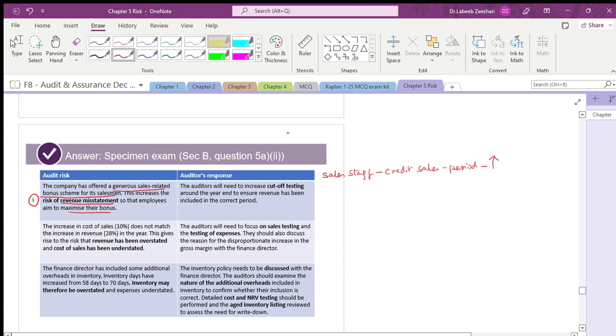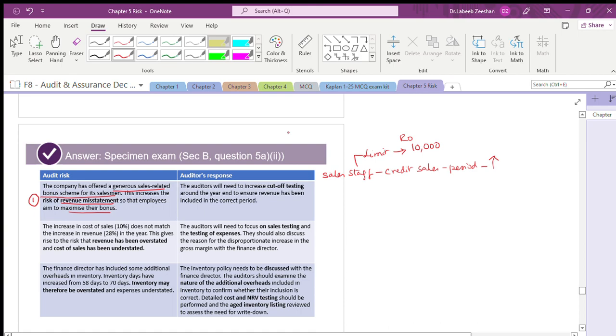We should be very clear. What is the response? It is your side, what you are doing. The auditors will need to increase. When you have sales staff, you have to put some limit. You cannot say every salesperson cannot cross 10,000 reals. As simple as that. You put the target. That's very important.